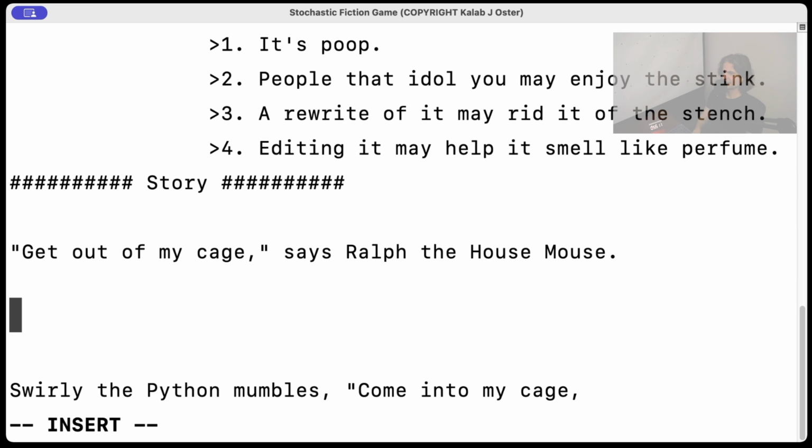It really doesn't matter. I can make Sue the House Mouse or some ungendered version of a name that a mouse would give themselves because they're just not humans. Get out of my cage, says Ralph the House Mouse.